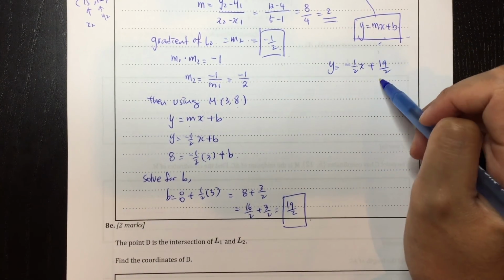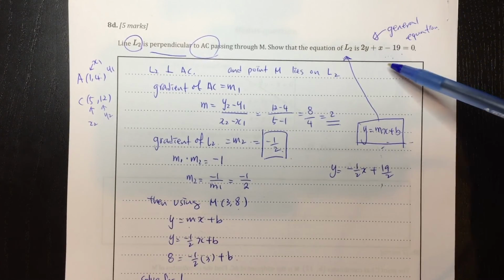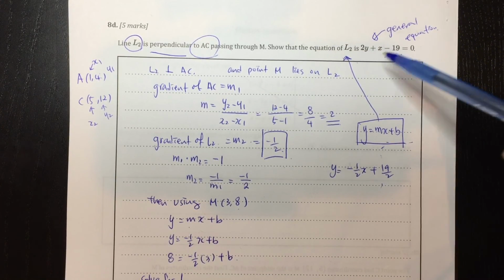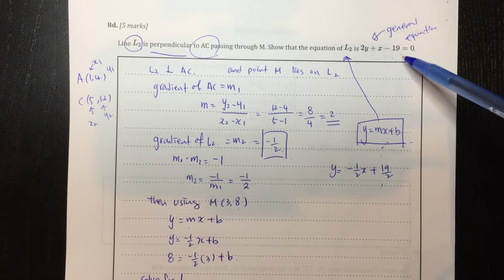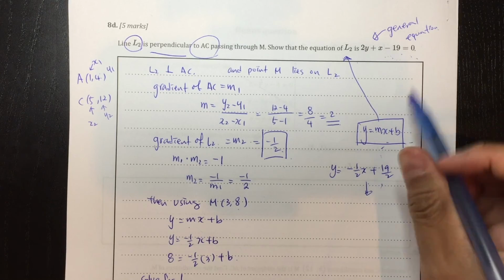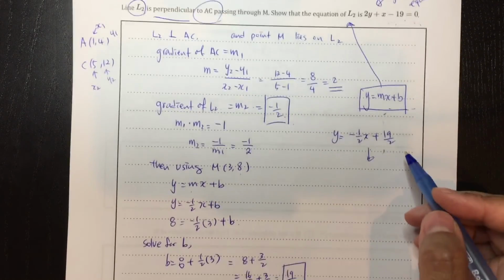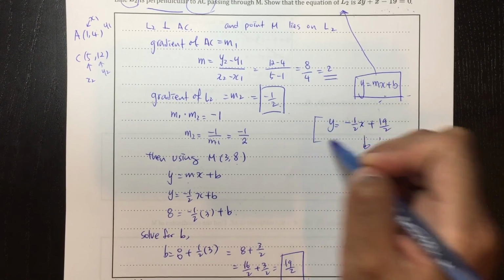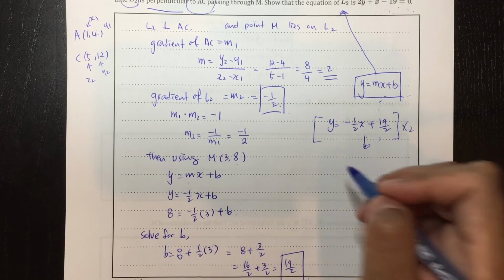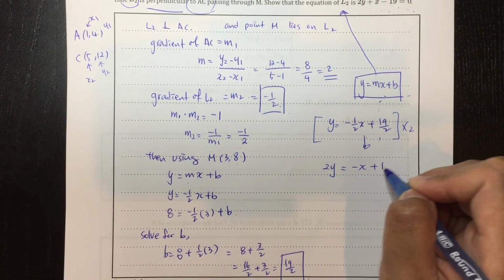This is still in gradient-intercept form, but we need to show that the equation is in general form, like 2y plus x minus 19 equals 0. We're going to convert this into the general form. First, multiply everything by 2, which gives 2y equals -x plus 19.